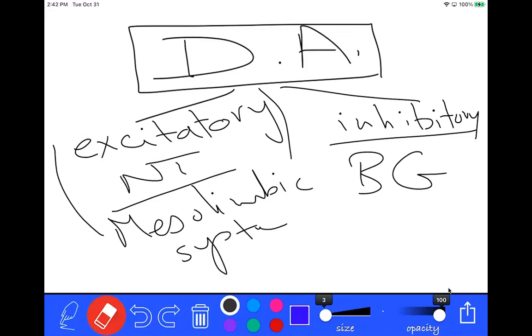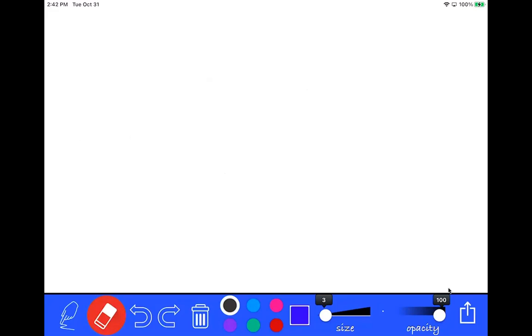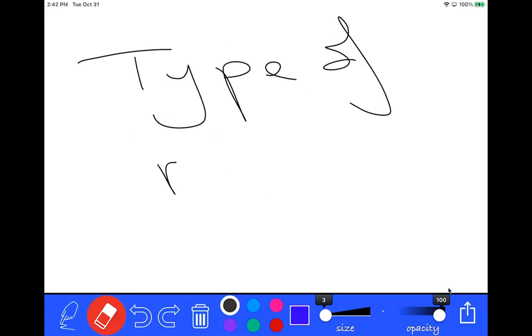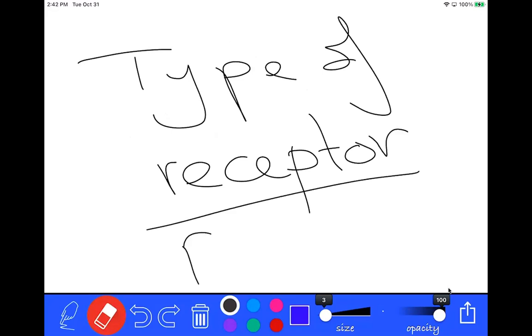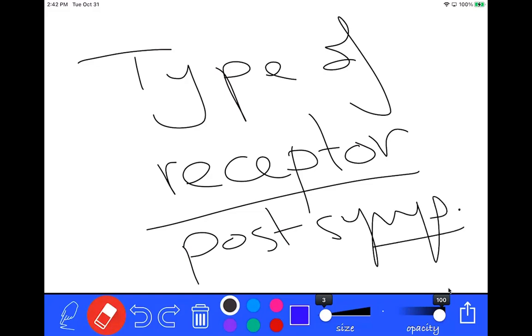So dopamine in some parts of the brain is excitatory, and in some parts is inhibitory. It depends on the type of receptor present on the postsynaptic neuron.